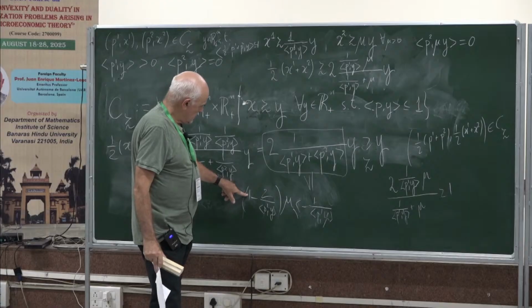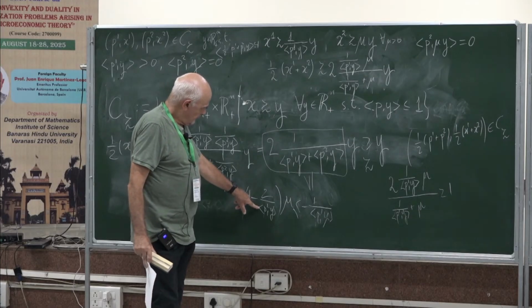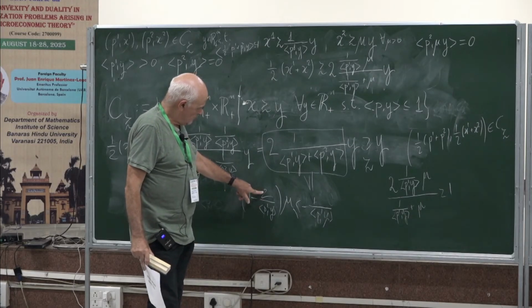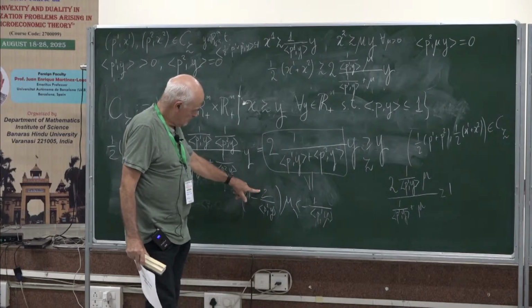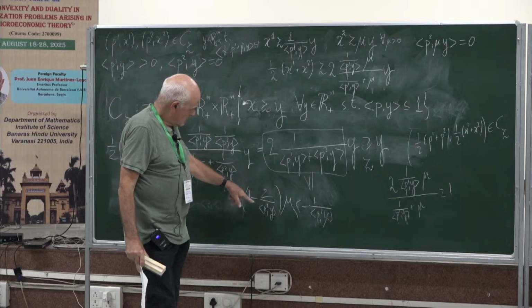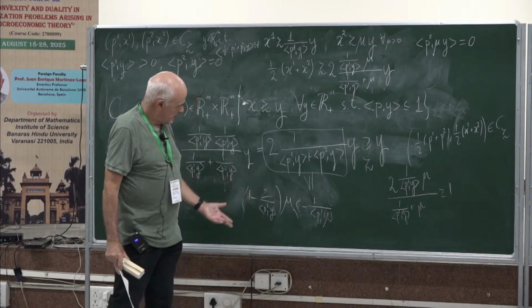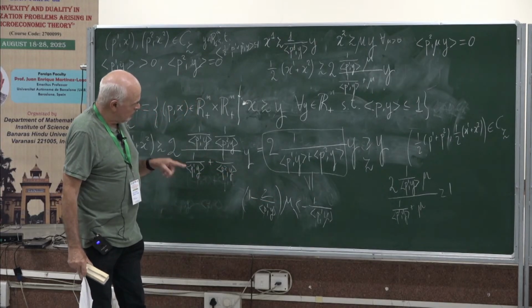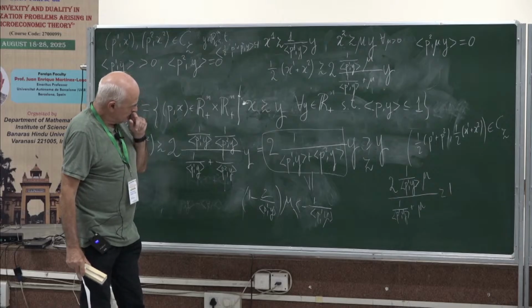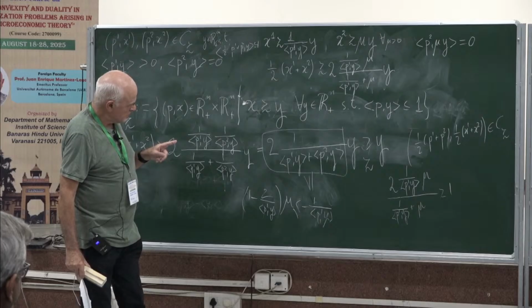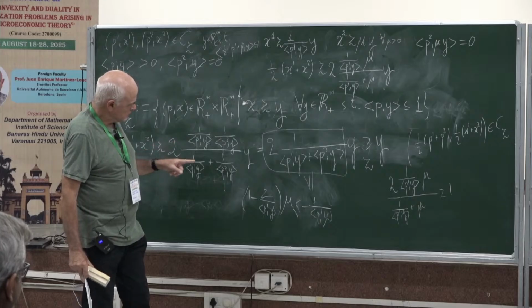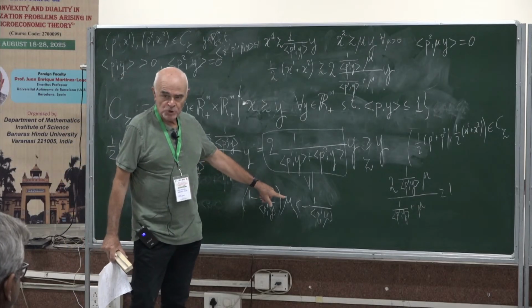And what can we say about this coefficient? This is less than or equal to 2, but it could be 2. We only need this inequality with mu positive.